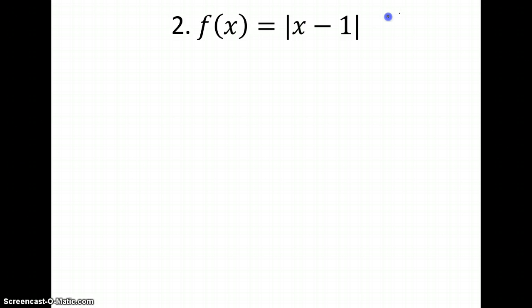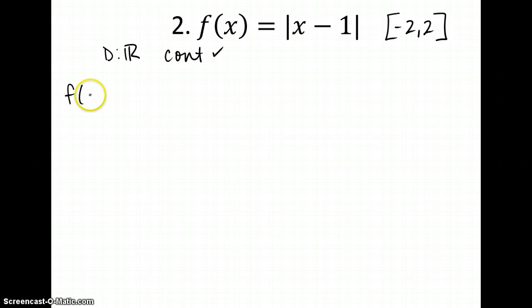Alright, absolute value, on the interval from -2 to 2. That wasn't included. So the domain of the absolute value function is all real numbers. So it's continuous everywhere. But now let's think about the derivative of this function. And this is where we spent some time writing it as a piecewise.